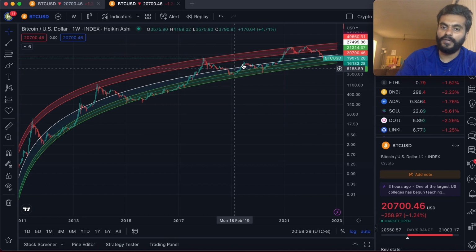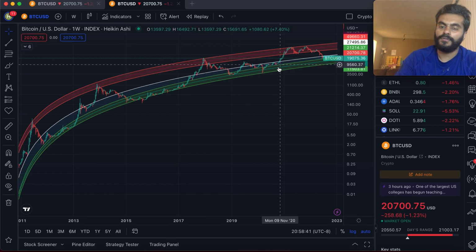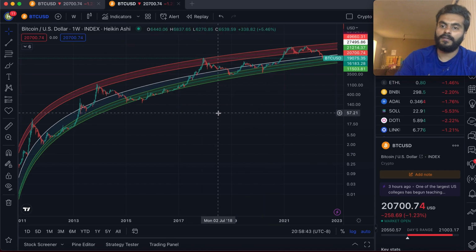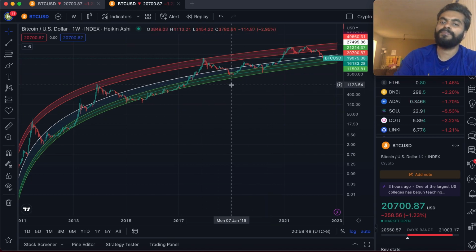But essentially, if you ignore the rally in 2019, it spent a considerable amount of time in the undervaluation territory or near fair valuation territory for again almost 2 years. So that's how Bitcoin has behaved in the undervaluation territory ever since it was tracked.